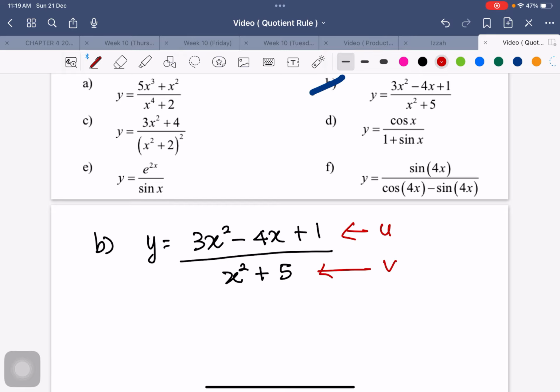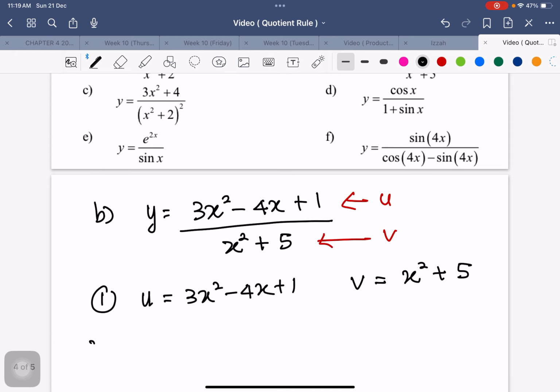Tak ada pilihan lain. So u sama dengan 3x squared tolak 4x tambah 1, and your v is equals to x squared plus 5.